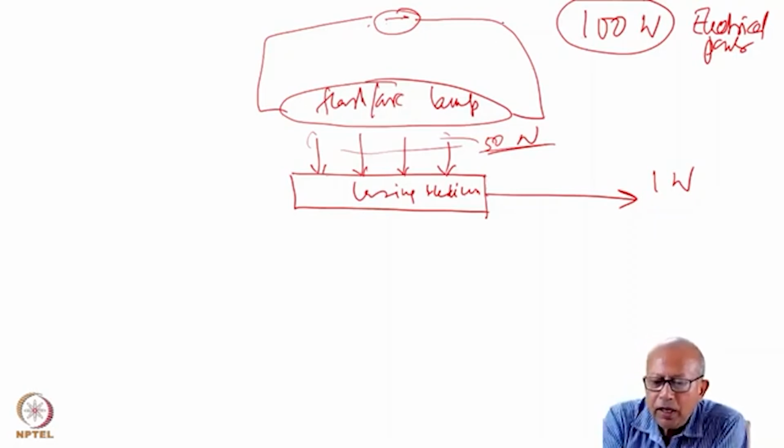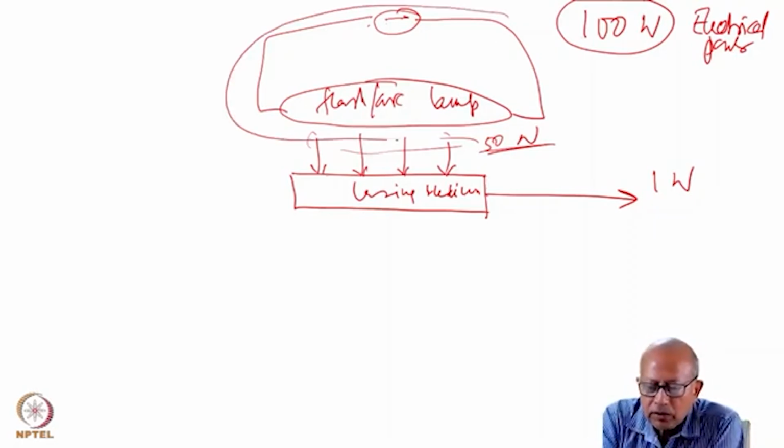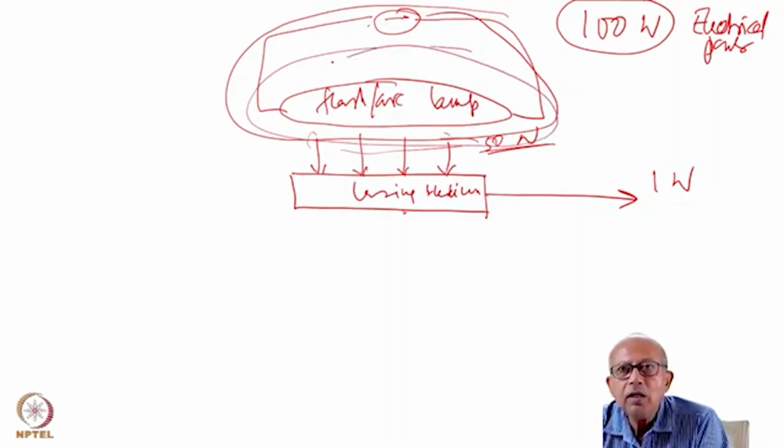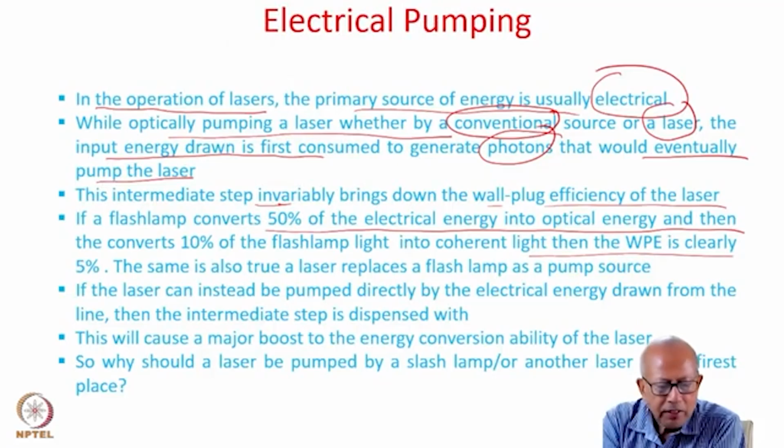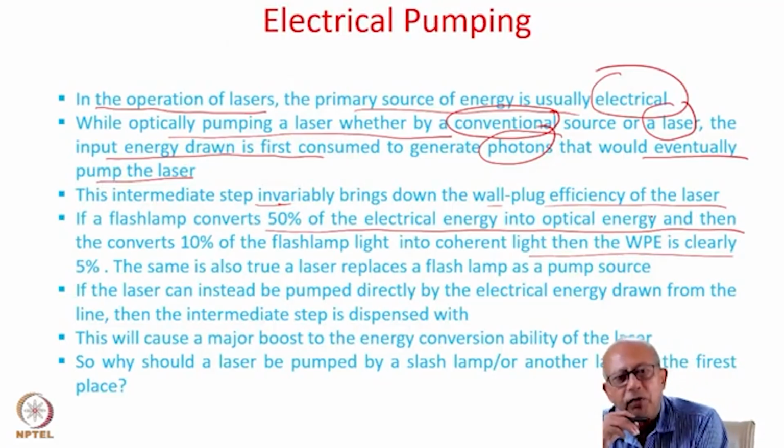So if we can remove this intermediate step and pump this lasing medium directly by this electrical power, this intermediate step is essentially wasting energy. That's what we say here. This intermediate step invariably brings down the wall plug efficiency of the laser.